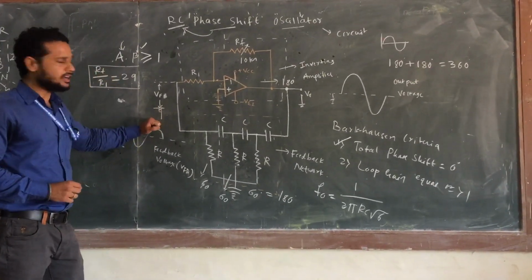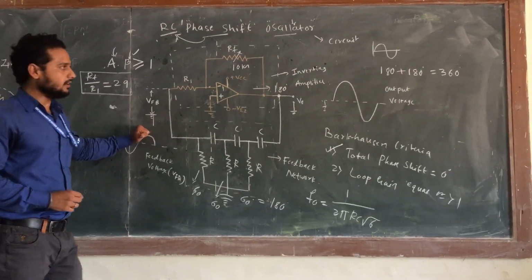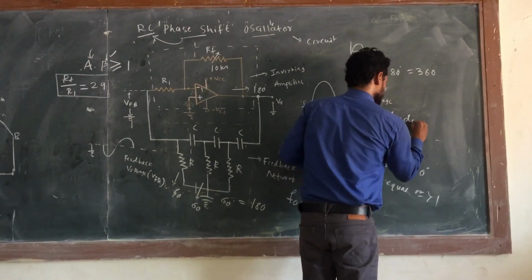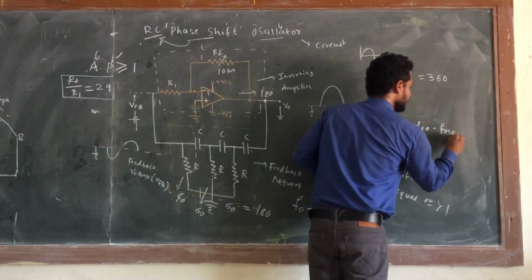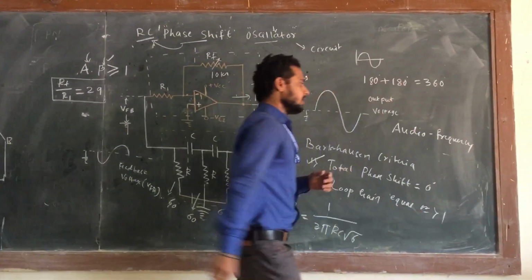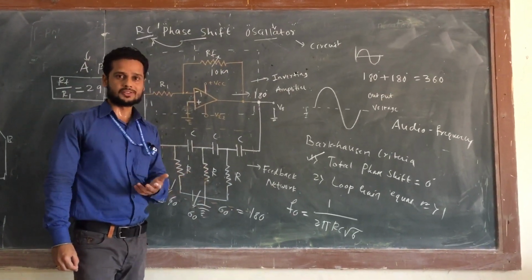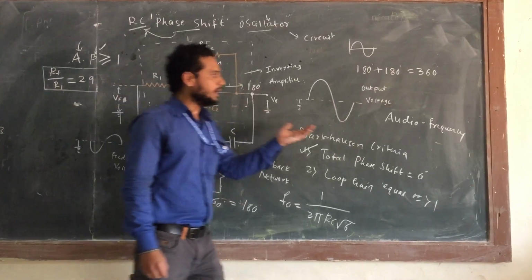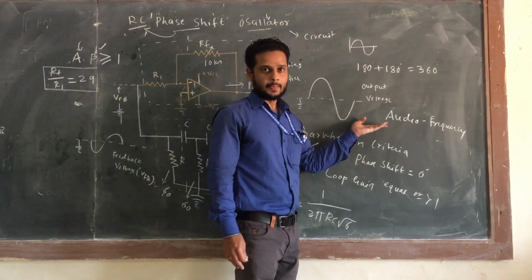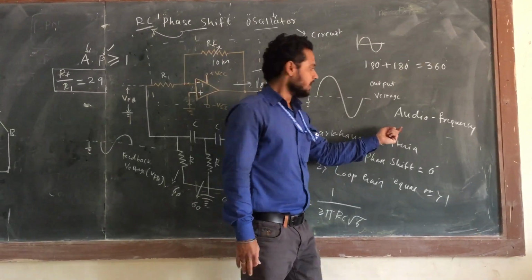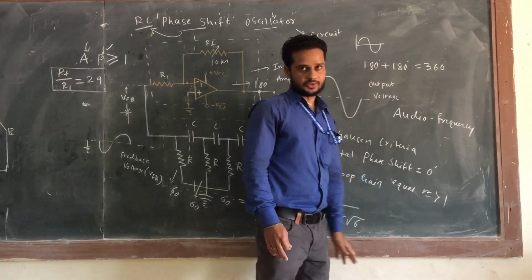This kind of circuit is used where you want to generate frequencies in the audio frequency range. You can generate up to 1 kilohertz, 2 kilohertz, in terms of kilohertz only, so that you can use it in an application where audio frequency is needed.